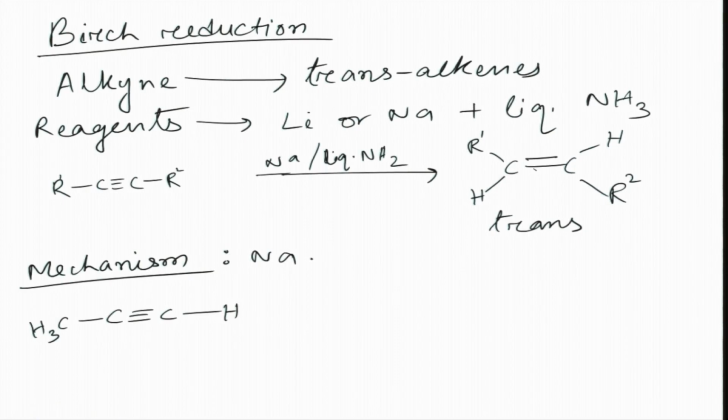Sodium metal can form Na plus and one electron. So, we have one electron in the system. Now, this electron attacks this carbon and one pi bond breaks like this.